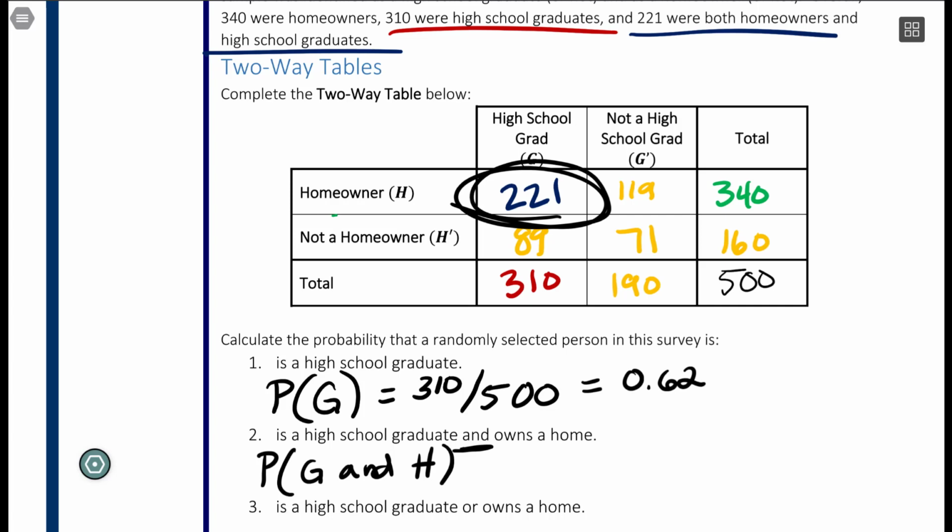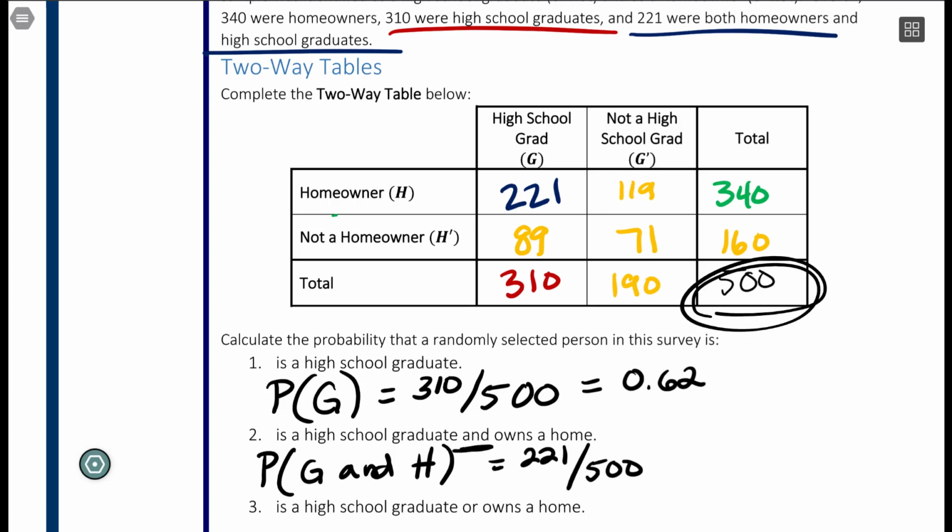That's the intersection between homeowners and high school grads. Okay? So that number is 221. And we can write that out of, again, our grand total 500.